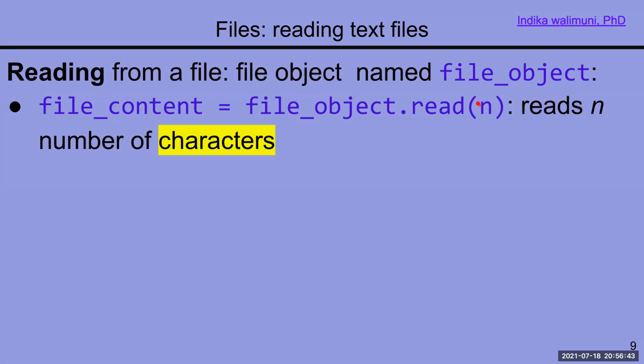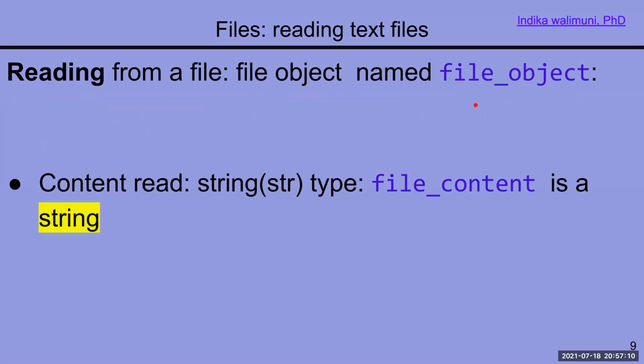If we pass in a parameter, it reads that number of characters from the beginning of the file. Since these are text files, this is a string, so we're going to create a text format string. The file content object will be a string, and this is the file object that we are going to read.